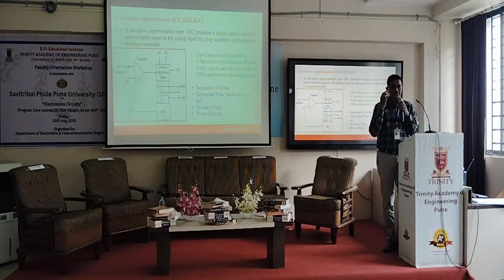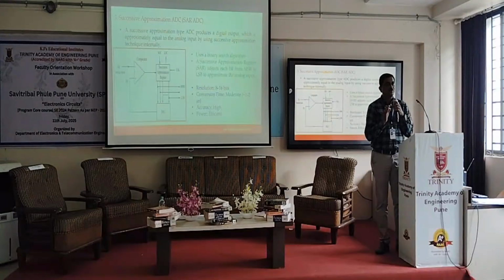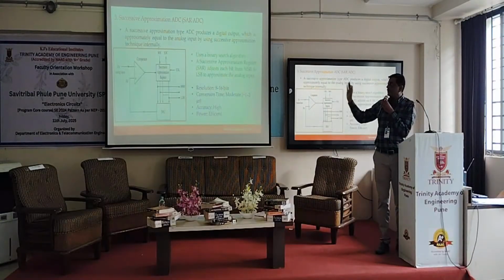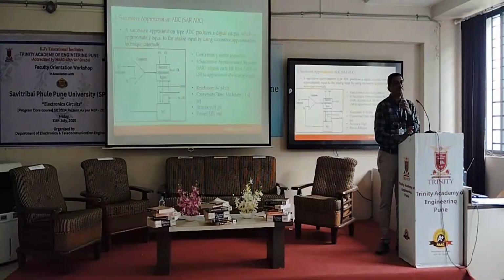It may be the flash type, it may be the dual slope ADC, it may be the SAR. So you need to explain it by using an example. Just take a value for the flash, just take a value for the SAR, and then explain step by step. Then the concept of any converter will be clear.